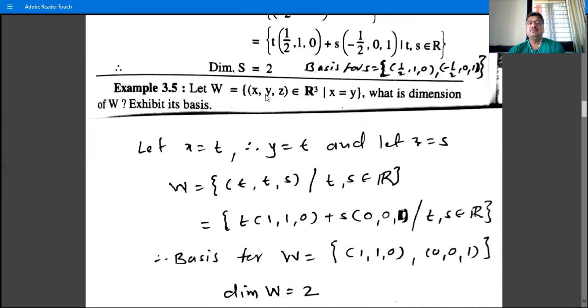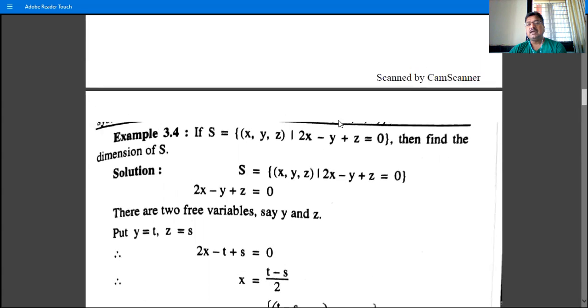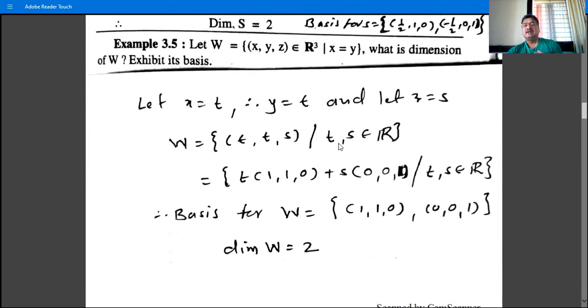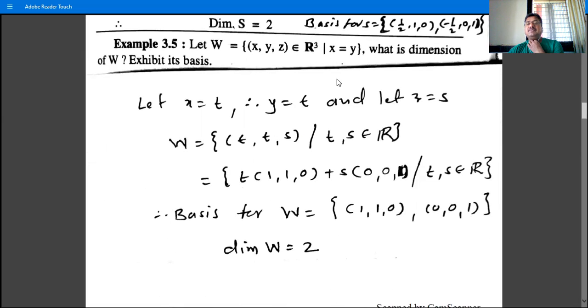Same type of example: W is the set of (x, y, z) belonging to R3 such that x is equal to y. So the equation is x is equal to y, or x minus y is equal to 0. The z variable is a free variable now. There is a relation between x and y only. So if you assume x is t, then y is also t, and z is s.